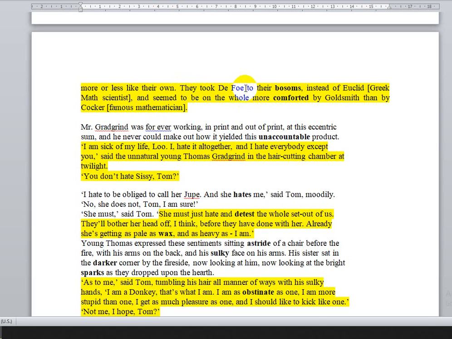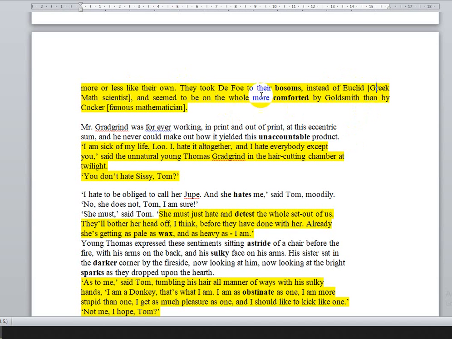They took Defoe, I told you about him at the beginning of the course, Daniel Defoe, the writer of Robinson Crusoe, to their bosoms. So they loved the writings of Defoe, instead of Euclid, a Greek mathematician. They preferred fiction. They preferred something that could entertain them better than the people of facts.